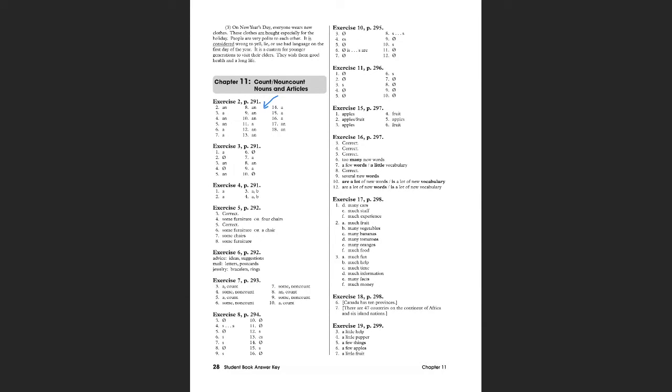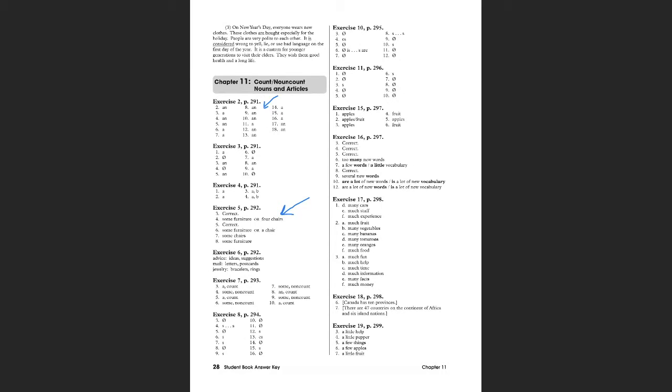Okay, type away. Let's go to exercise 5 next. Okay, I'll read the answers to you. Number 3, correct. Number 4, some furniture or 4 chairs. Number 5, correct. Number 6, some furniture or a chair.